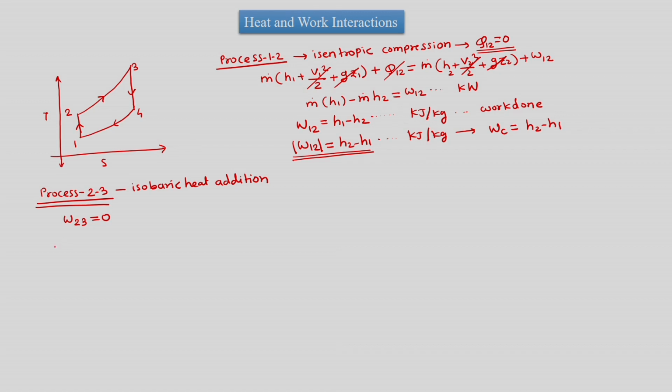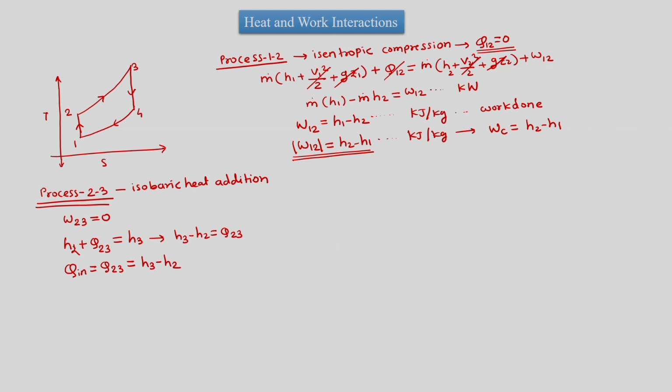Again considering specific quantities, it becomes h2 plus q23 is equal to h3. This leads to the fact that h3 minus h2 is equal to q23, or Qin is equal to q23 is equal to h3 minus h2.